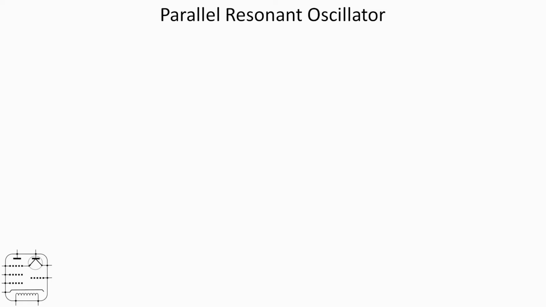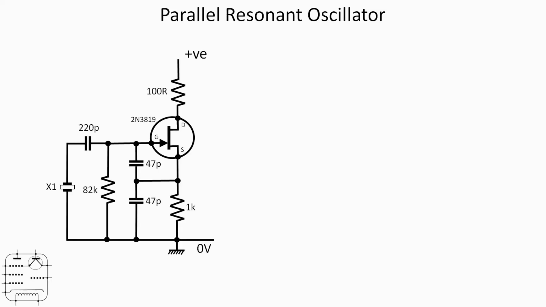Okay, well, you've seen the series resonance circuit, and we were getting a waveform that we could make use of. We'll do a bit better this time. I've quite deliberately tried to use the same sort of style of oscillator, so the comparison is as simple as possible.